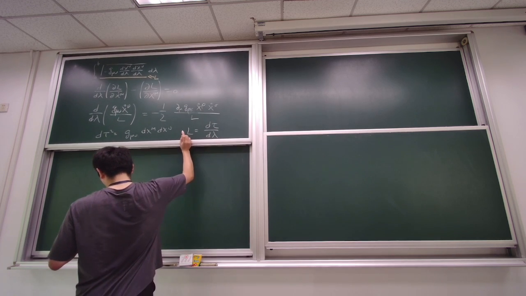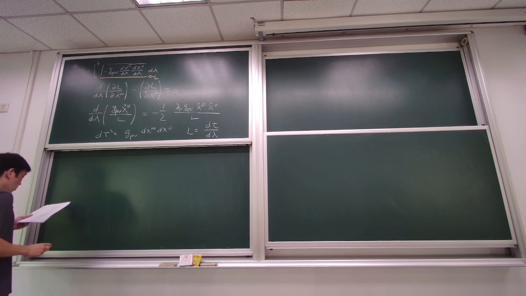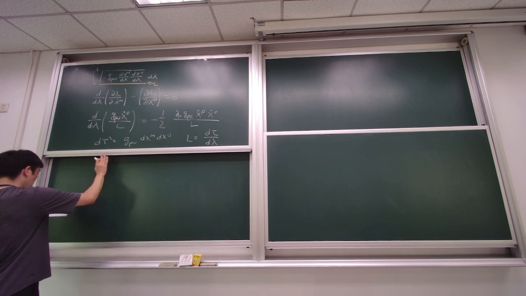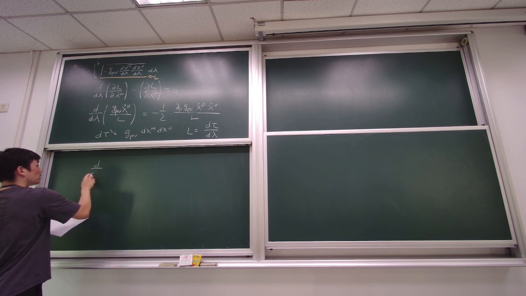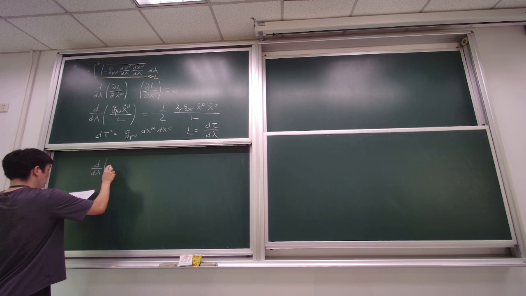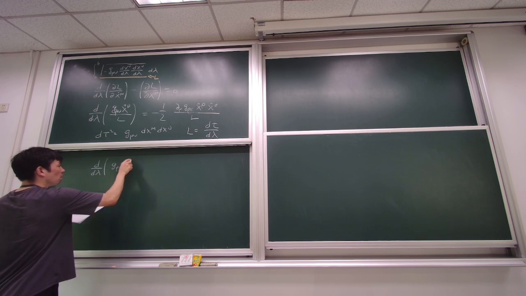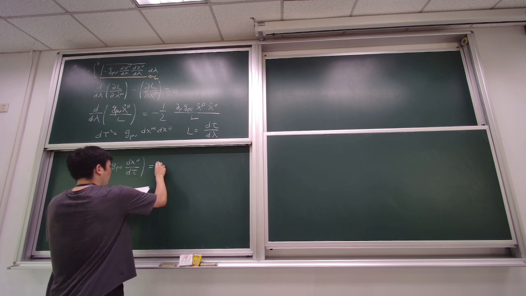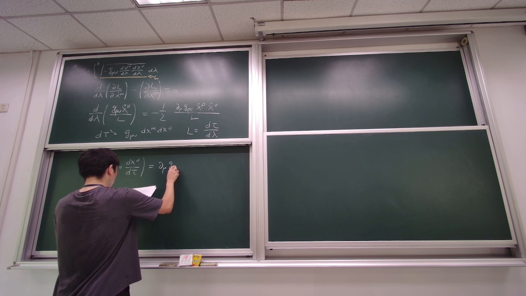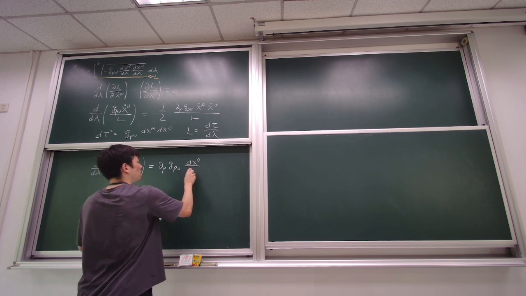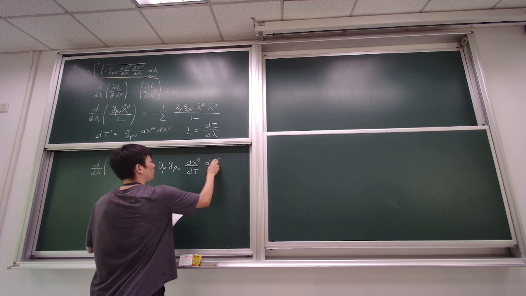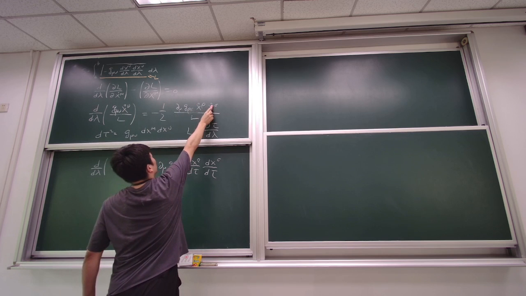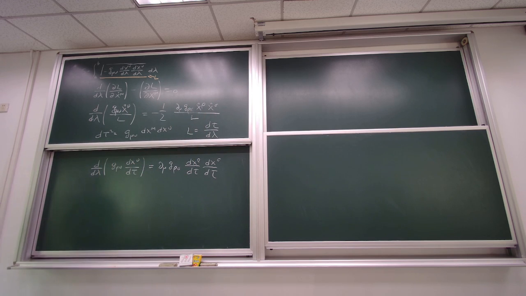If you write down everything and plug this into here, what you get is d lambda and then g mu nu, and then a derivative of the metric, rho sigma, and dx rho d tau and dx sigma d tau. Here dot means the derivative with respect to lambda, but now it becomes the derivative with respect to tau.